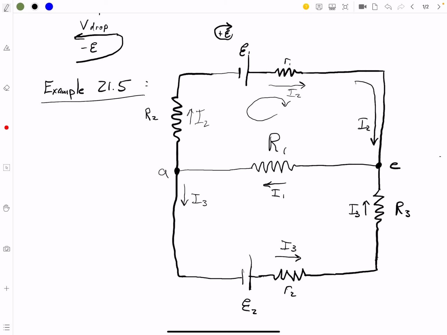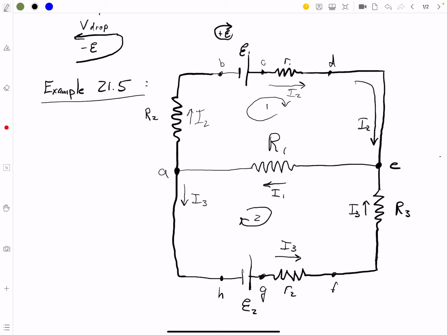Okay, and then we can label the points A, B, C, D, E, F, G, and H. Okay. I've done one loop. I'm going to do another loop like that.